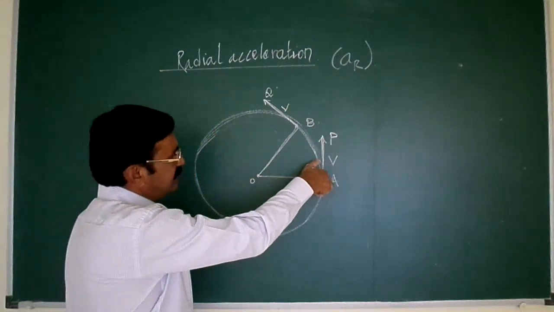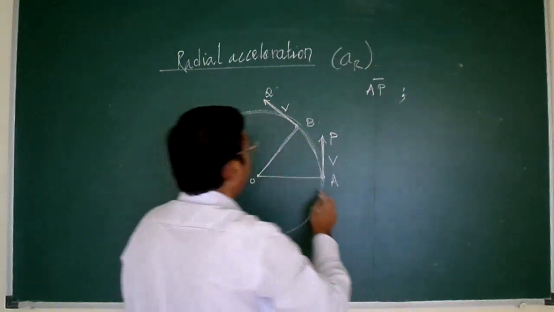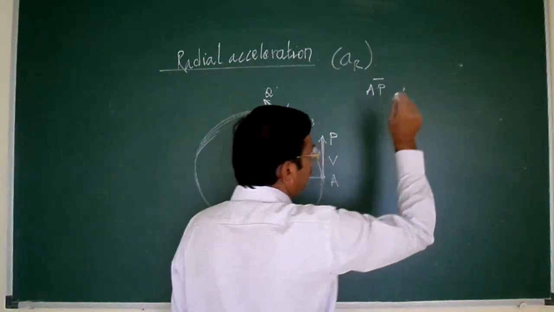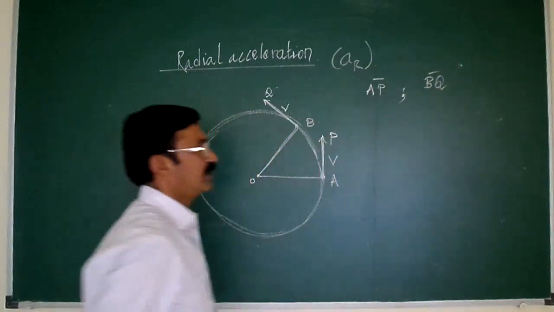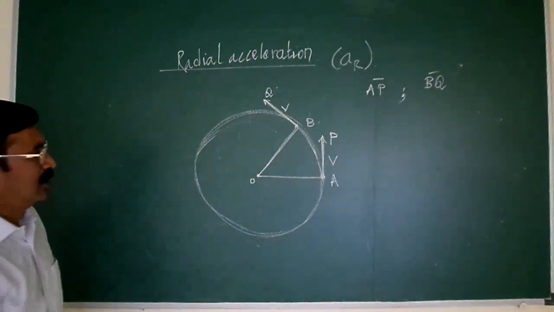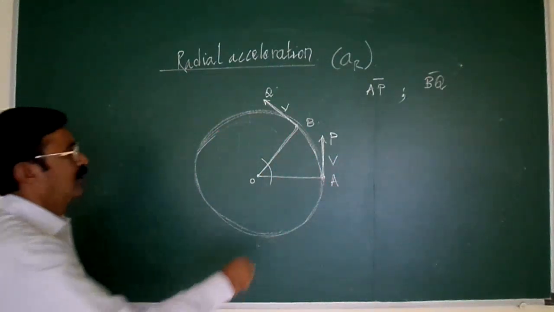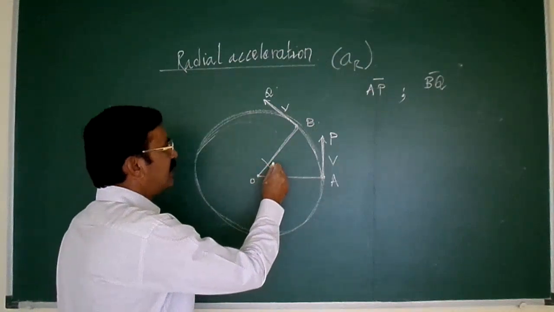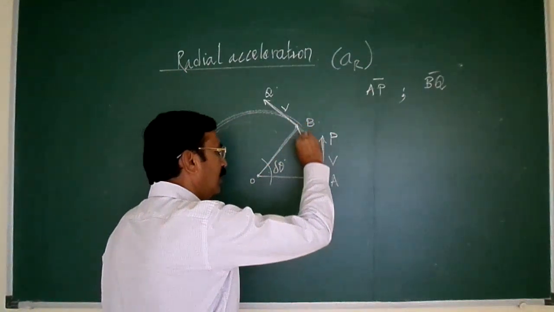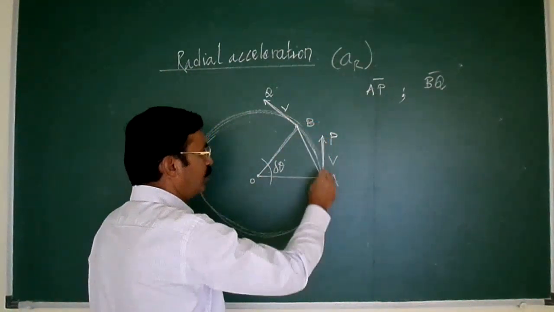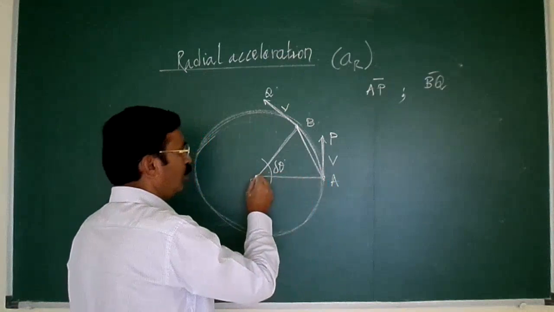So here in this case, the initial velocity is AP vector and the velocity after time, say dt, will be BQ vector. Now for this, we'll consider the small angle as delta theta. Let us join B to A so that here we form a triangle AOB.